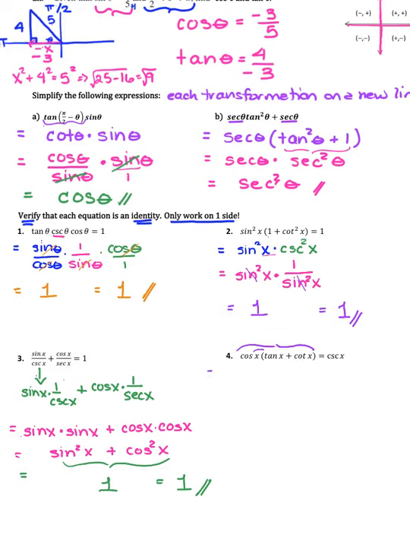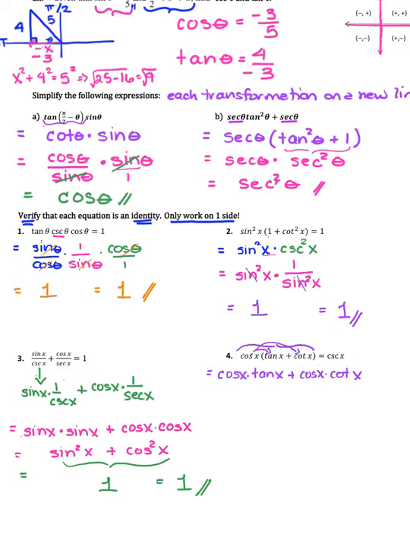So the first step I'm going to do is I have cosine x times tangent x plus cosine x times cotangent x. So all I did was distribute cosine to both terms. And I haven't even changed anything, I just distributed.